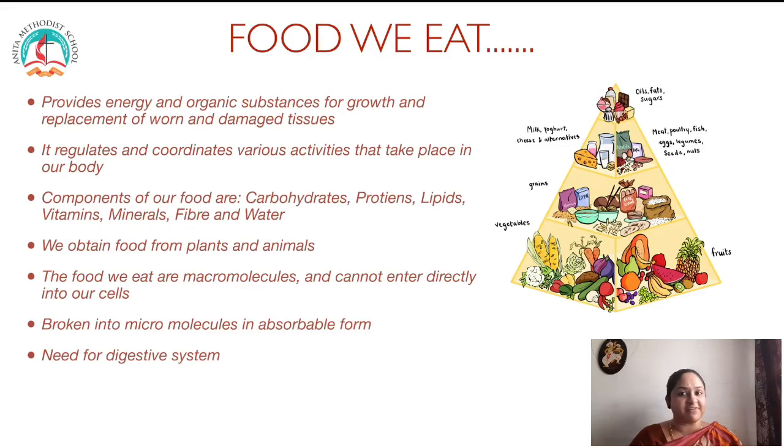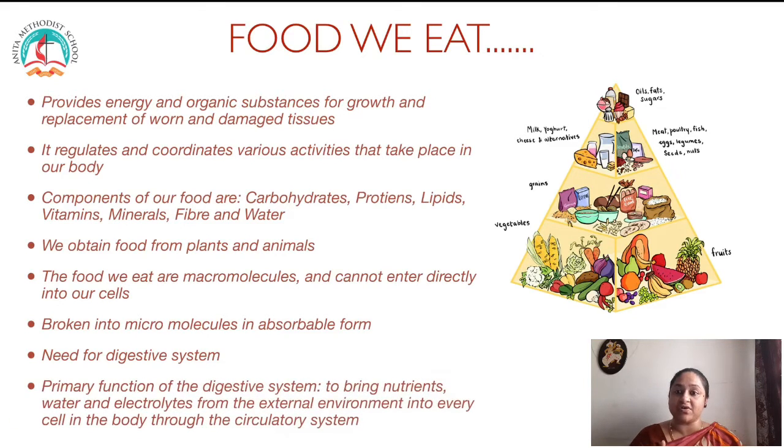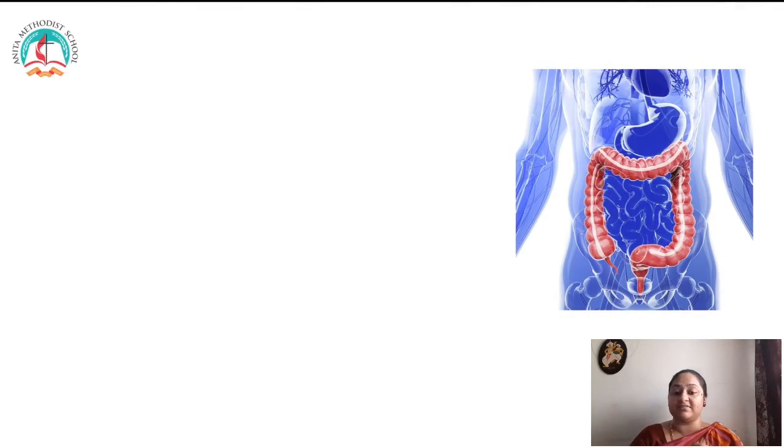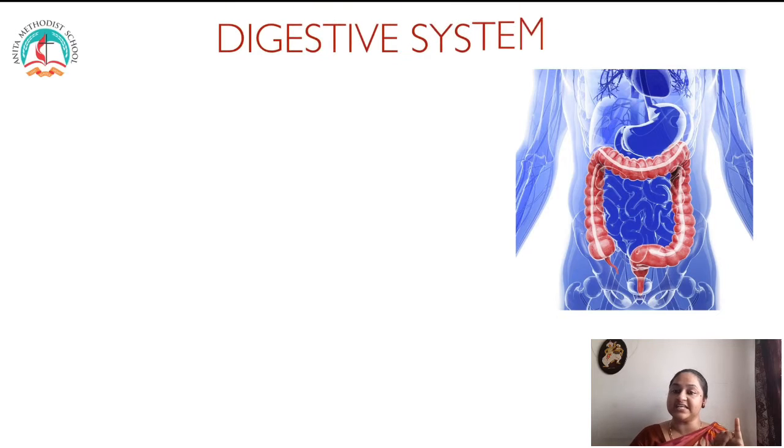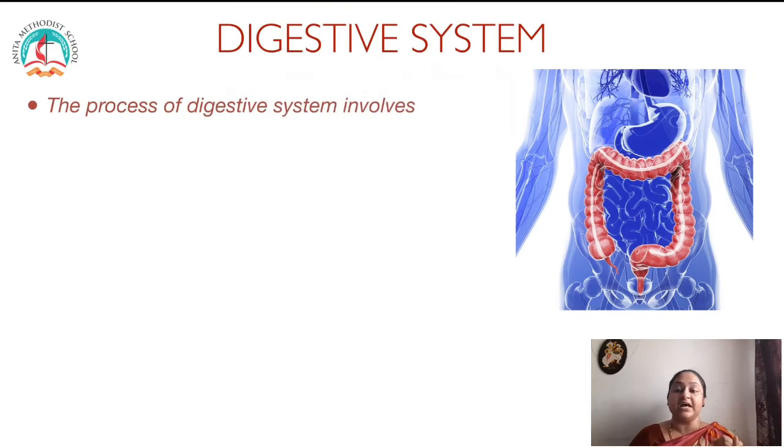So, the primary function of the digestive system is to bring nutrients, water and electrolytes from the external environment into every cell in the body through the circulatory system. The process of digestion involves ingestion, which is intake of food.